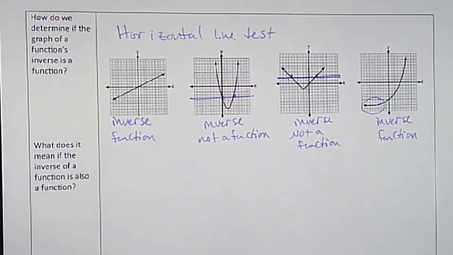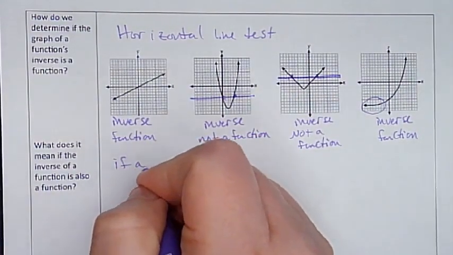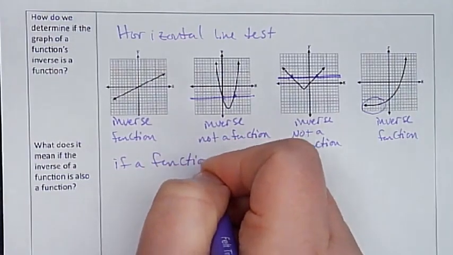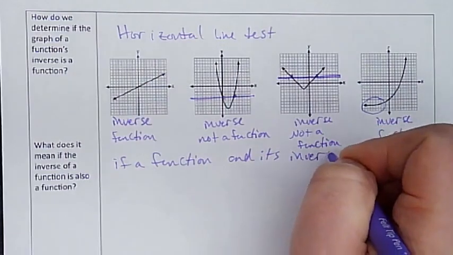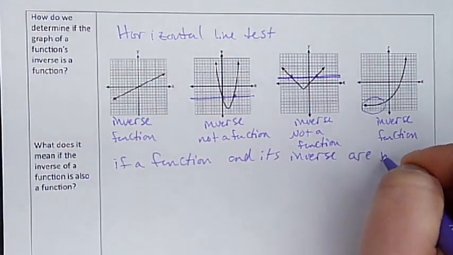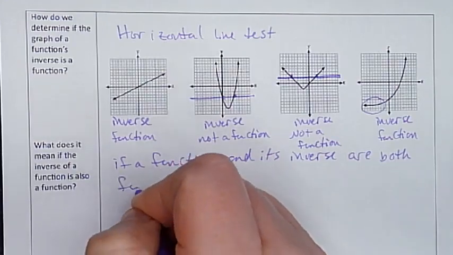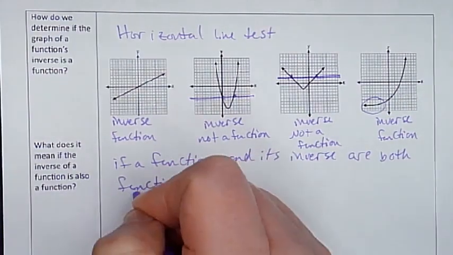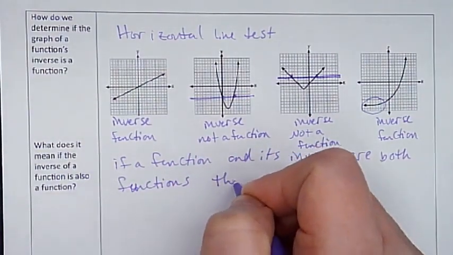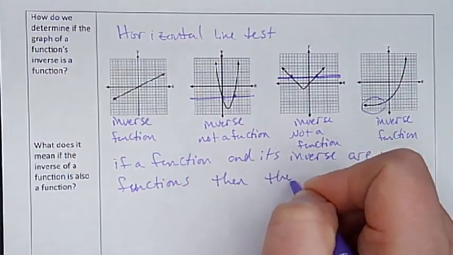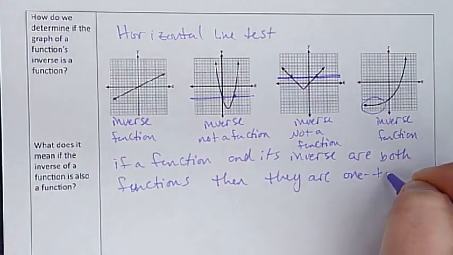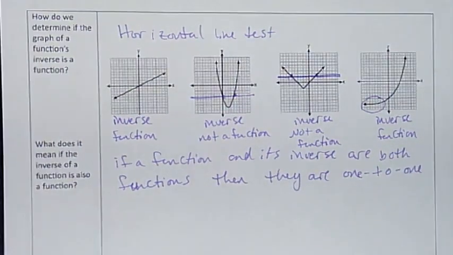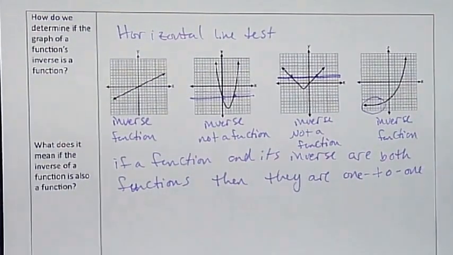So if a function and its inverse are both functions, then they are one-to-one. And that gives us a lot more information about what the actual function does and some other properties.